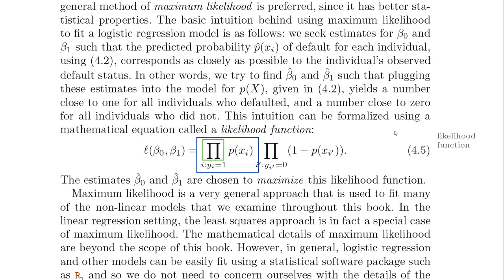But instead, this is the Greek letter pi for product this time around. So we will be multiplying these probabilities: the probability of xi and 1 minus the probability of xi. But we'll do this in our next session.